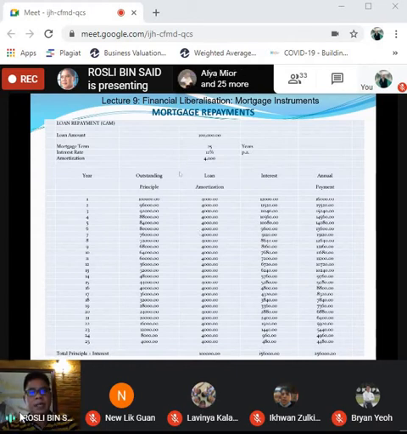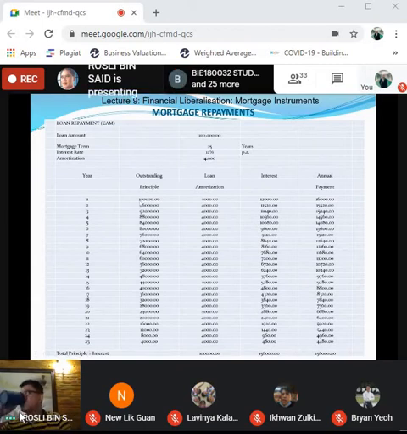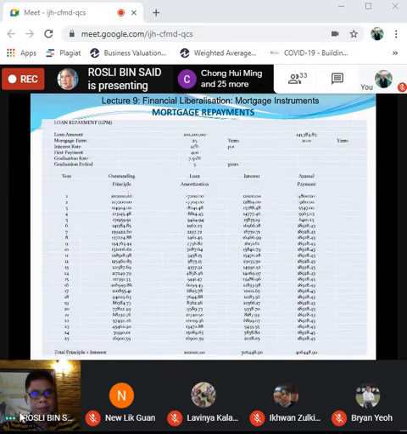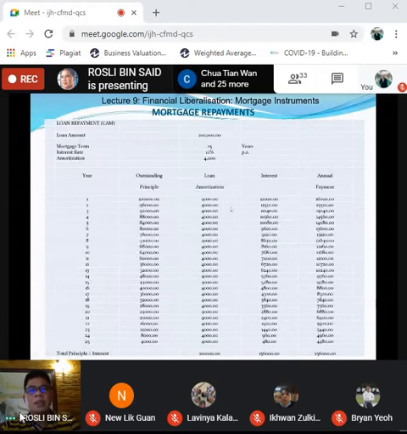So now we try to calculate based on the example here. In year 1, we have 100,000. And then we amortize 4,000 ringgit.